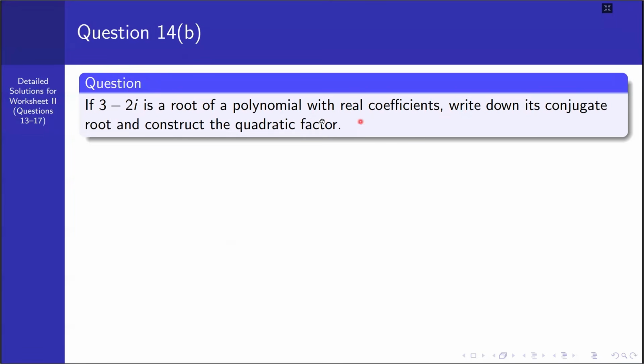Two questions are asked here. First, find the complex conjugate root. Second, using the combination of the factor and remainder theorem, 3 minus 2i and its complex conjugate are two roots, so each gives a factor. We need to determine the quadratic factor of the expected polynomial function.